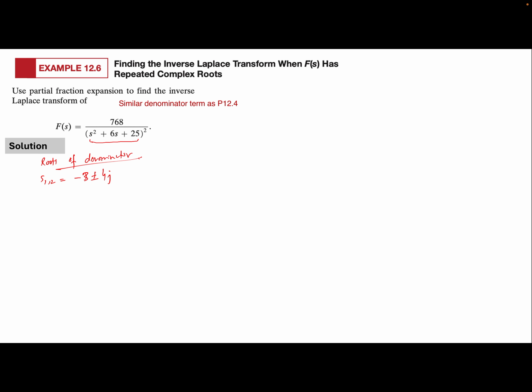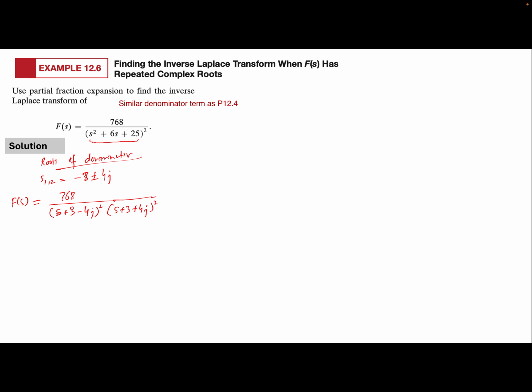For example, you can also write F of s now as 768 divided by s plus 3 minus 4j square, and s plus 3 plus 4j square.